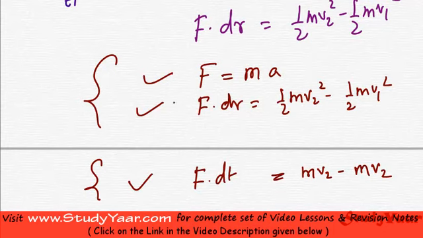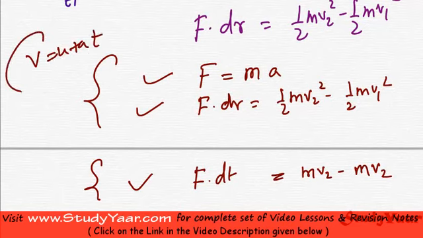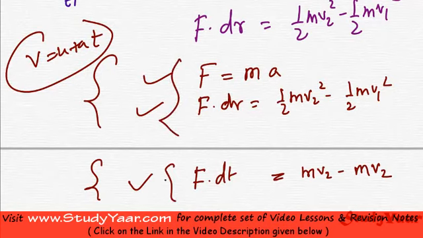As we saw earlier, we could first find the acceleration and then find the velocity using v equals u plus at. This connects the other three, because here you have acceleration and time. Once you have reached v, you could get either a or t depending on what else you have.